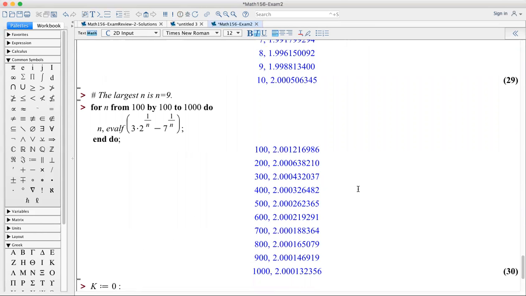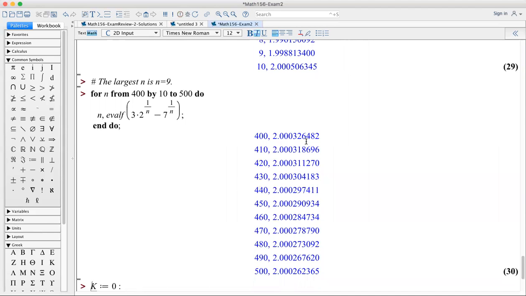100, 200. When do we get something less than 2.0003? It's in here. See, at 400, it's 2.00032. At 500, it's 2.00026. So we really want to look for something between 400 and 500. So let's just say I go by tens. And here, when do I drop below 2.0003?